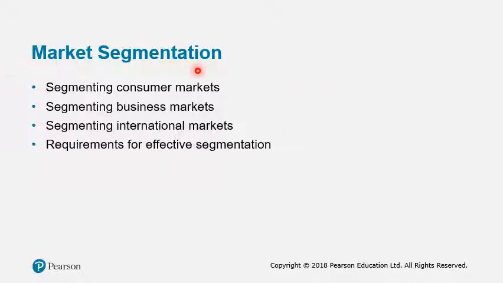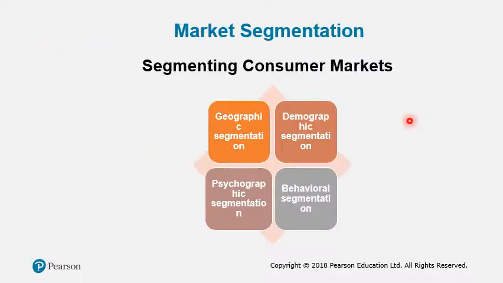So in market segmentation, we can segment consumer markets. We can also segment business markets and international markets, and all of these require effective segmentation. We can do the segmentation by using geographic, demographic, psychographic, and behavioral segmentation.